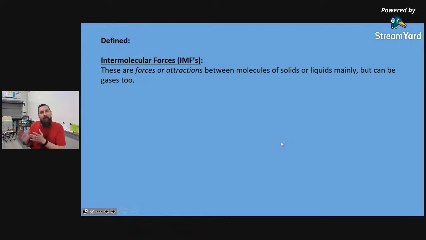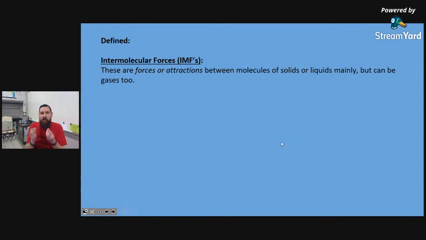We can also talk about IMFs for gases, but we typically don't, because gas particles are so far apart that there's really no attractive force between them. So primarily IMFs deal with the attractive forces between one molecule and a neighboring molecule in solids and liquids.